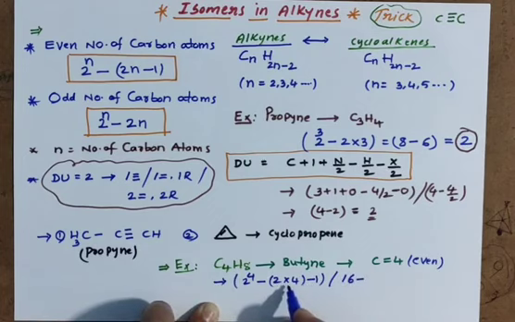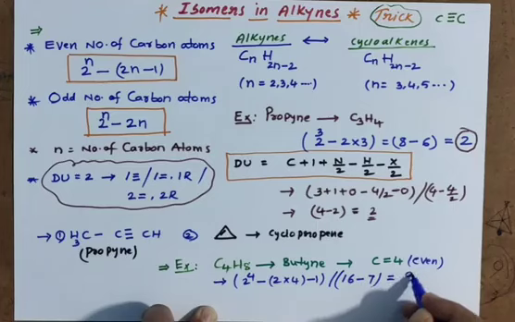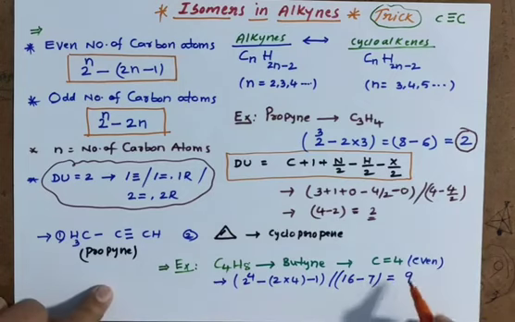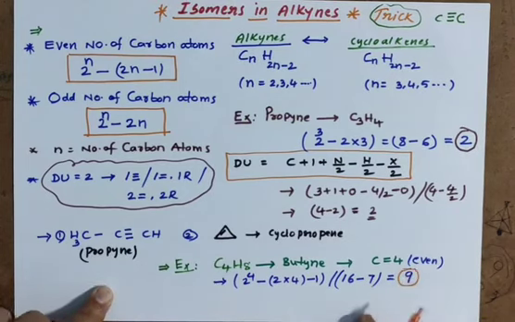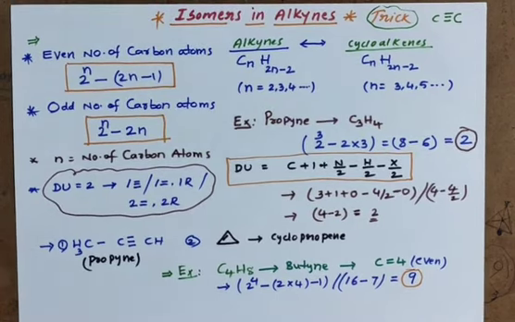Means here you are getting 8 minus 1. So 8 minus 1 nothing but 7. So 16 minus 7 nothing but 9. So with the butane, how many isomers are possible? 9 isomers are possible. Total, all types of isomers.